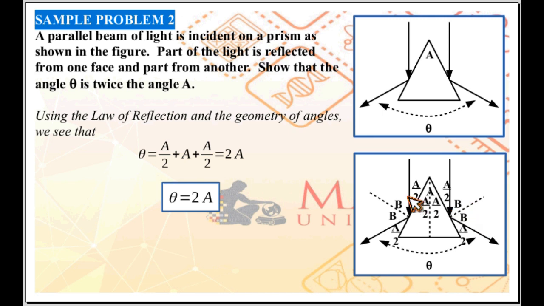Geometry tells us that if this is A over 2, angle B, the remaining angle will be A over 2. On the other side, you also have A over 2, which means angle theta is equal to A over 2 plus A over 2, which tells us that theta is just equal to 2A. We were asked to show that the angle theta is twice the angle A, and that's what we have done. Theta is equal to 2A.